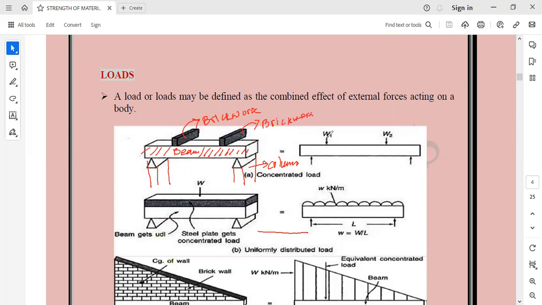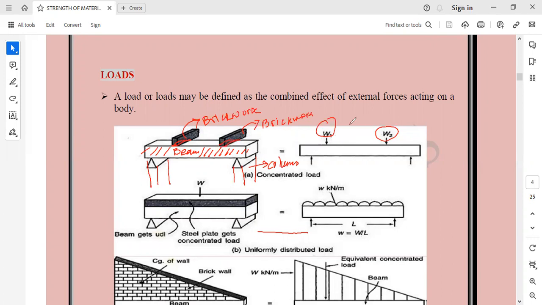So the load coming from these brickworks would be W1 and W2. This type of load is acting on a relatively smaller area. Here you see this load is acting on this surface area of the beam only. So it is acting on a very small area.